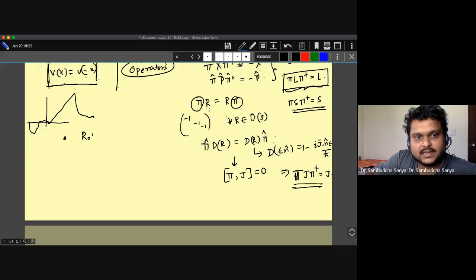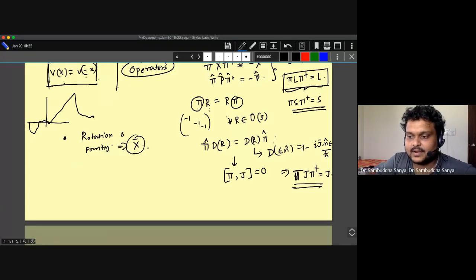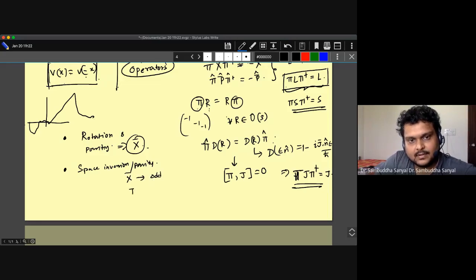So notice that rotation and parity, how an operator behaves under them decides whether it's a vector or pseudo vector or something else. So we know that under space inversion or parity, x is odd, J is even. Odd and even means if there is a minus sign, it is odd; if it is a plus sign, it's even.